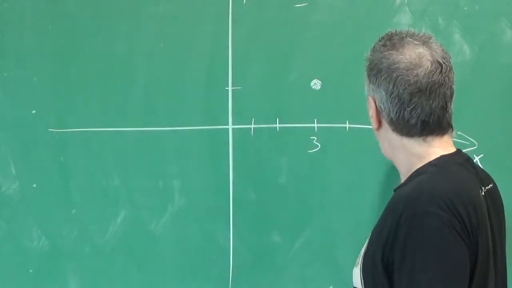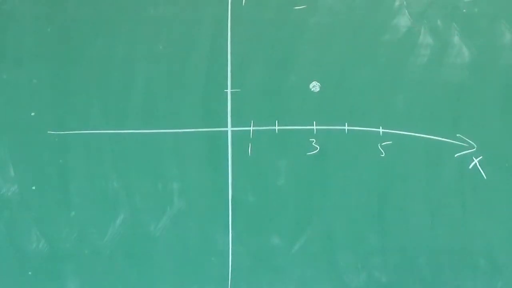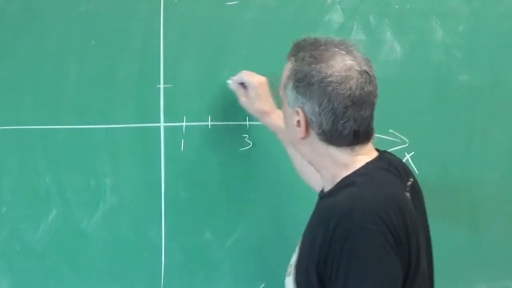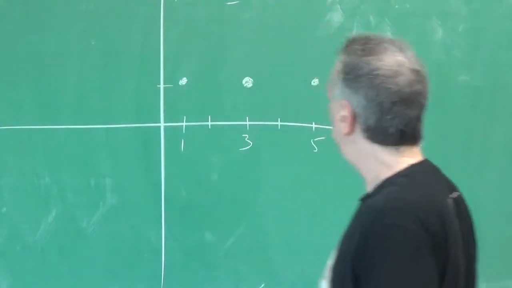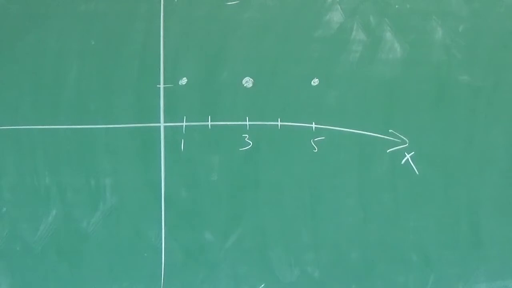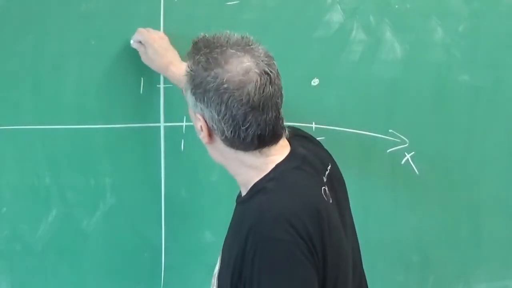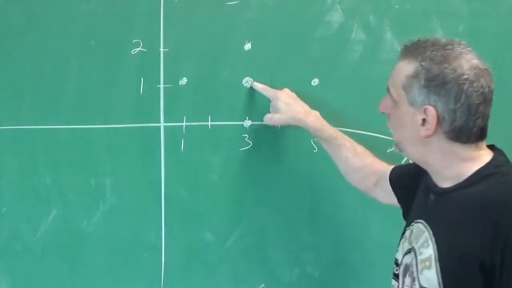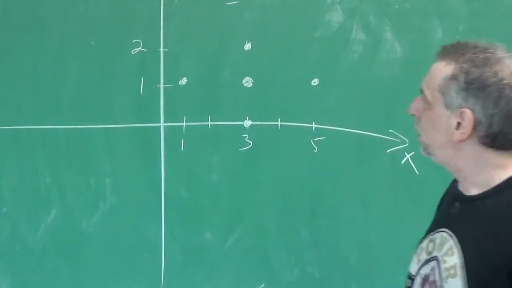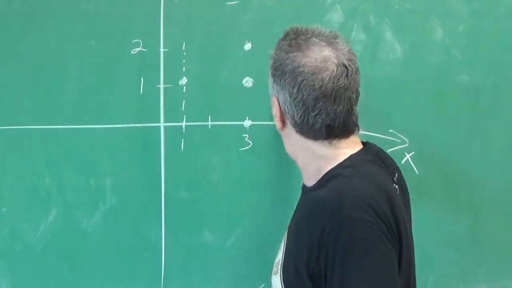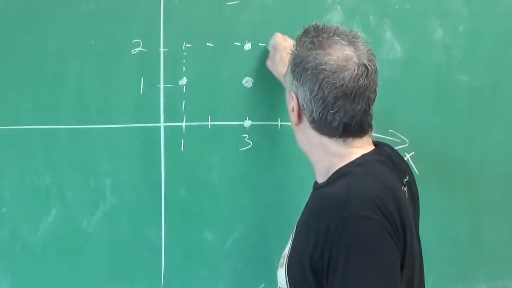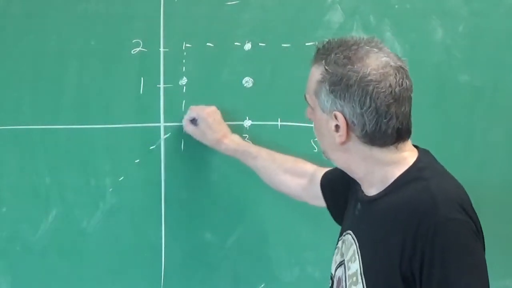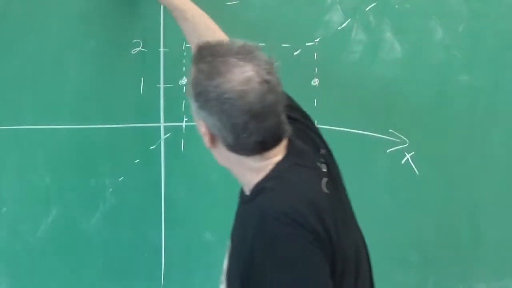We're going to go out to 5 and back to 1 to get the ends of the transverse axis. And we'll label them at the end. The b value is 1, so from 1 we're going to go up to 2 and down to 0. So that's where we're going to draw our little box. And the asymptotes are going to go through the center of that box.